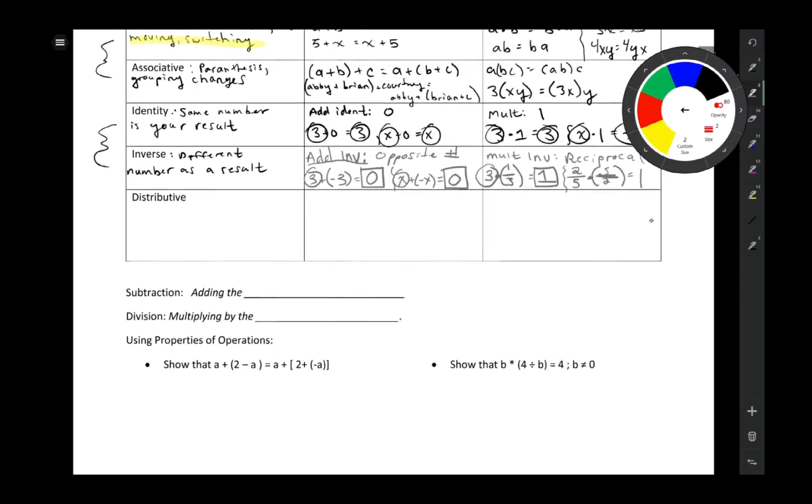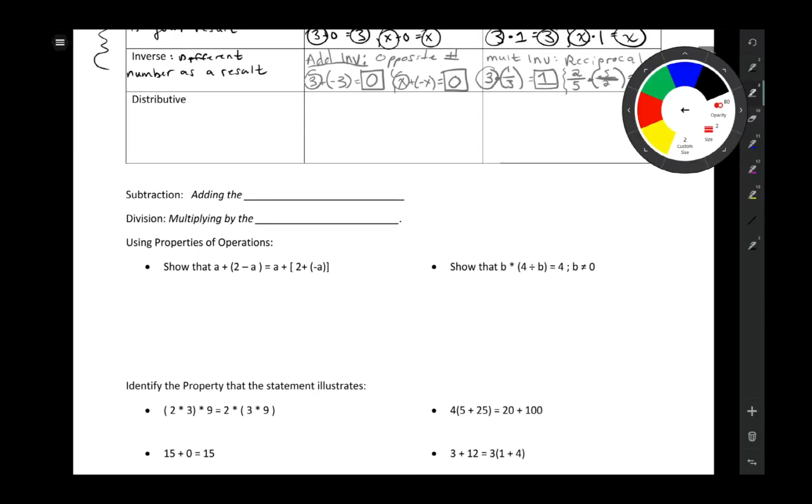Almost done here. Distributive is the last property we got, and it simply states you can distribute multiplication to a quantity. So what do we mean by that?